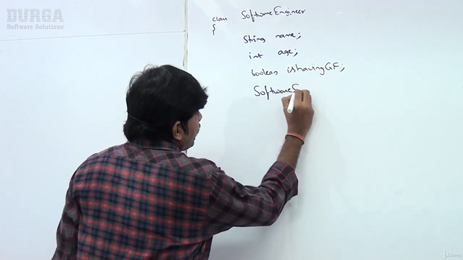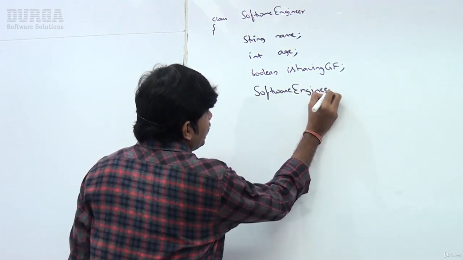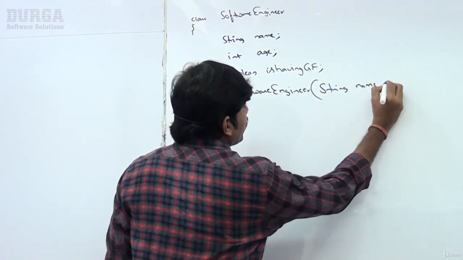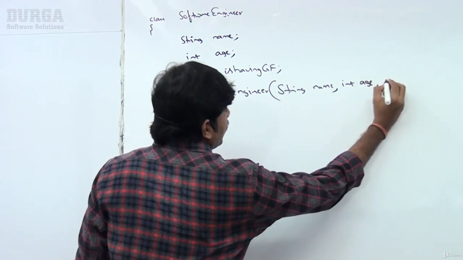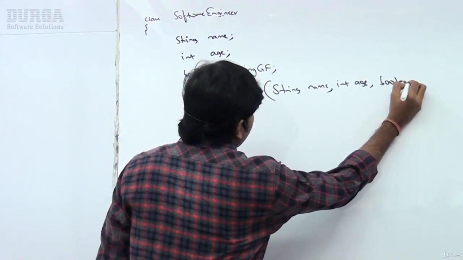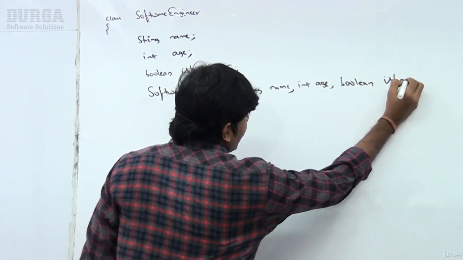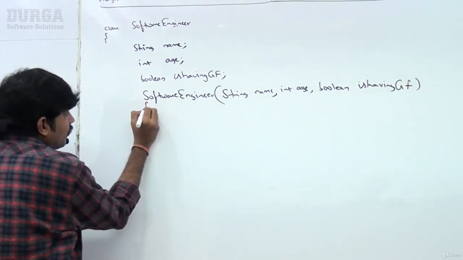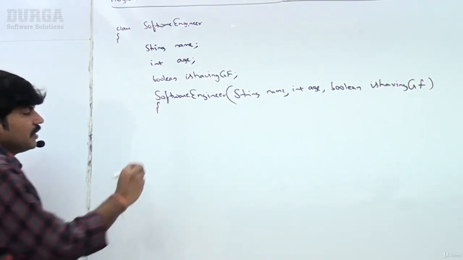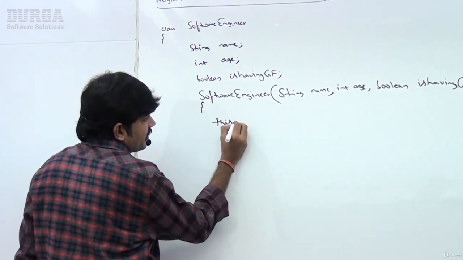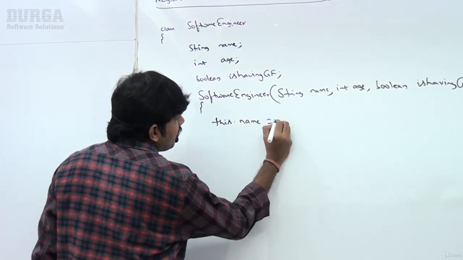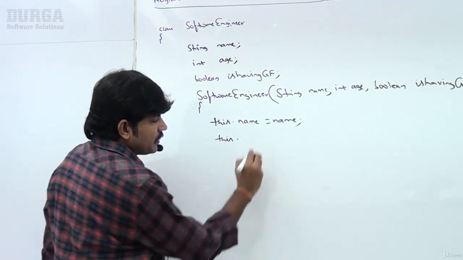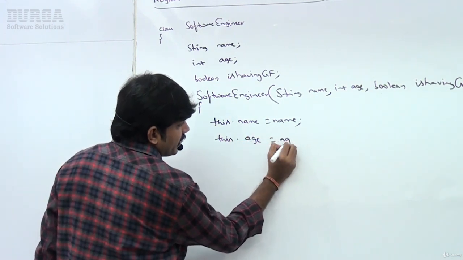Three properties, right? Let me create the constructor. SoftwareEngineer, string name, int age, boolean isHavingGirlfriend. Are you getting? Boolean is having girlfriend or not. This is the constructor. this.name is equal to name. this.age is equal to age, sir.